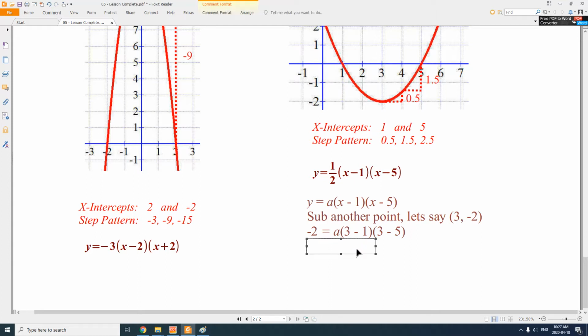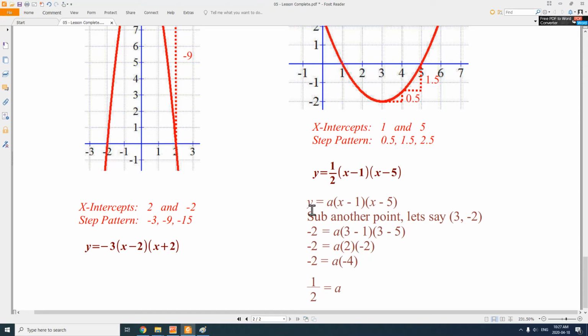All right, brackets first. 3 minus 1 is 2. 3 minus 5 is negative 2. That gives me a times negative 4. Divide by negative 4. Negative 2 over negative 4 is just 1/2. Okay, my a value is 1/2.